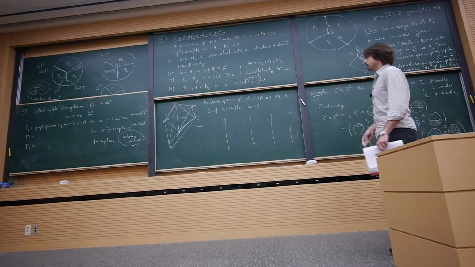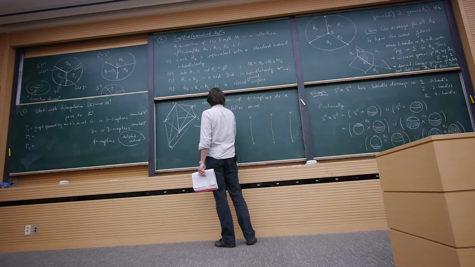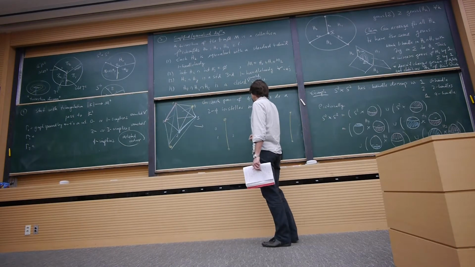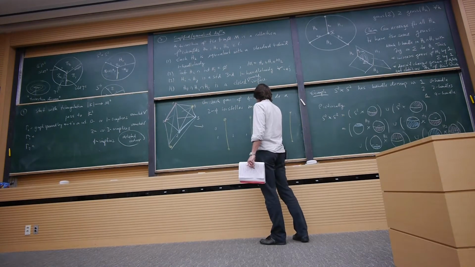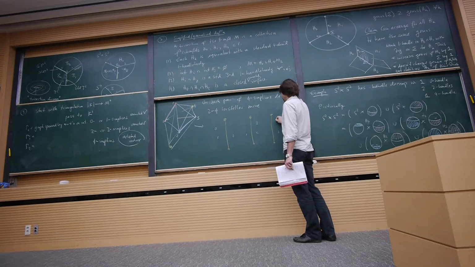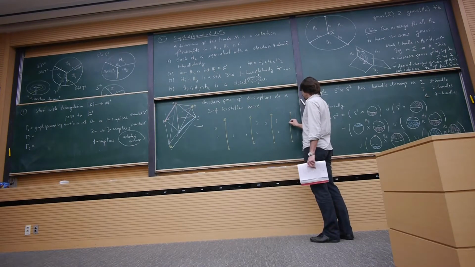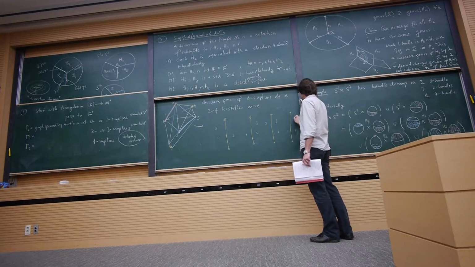So let's maybe do it like this: 0, 1. Here's 0, 1, 2. Then I have 1, 2, 3. Then I have 2, 3, 0. And then I have 1, 2, 3.